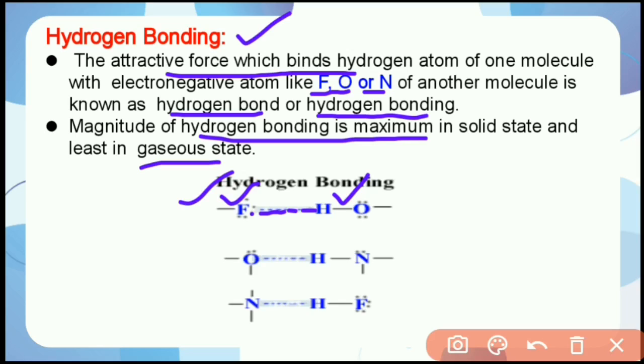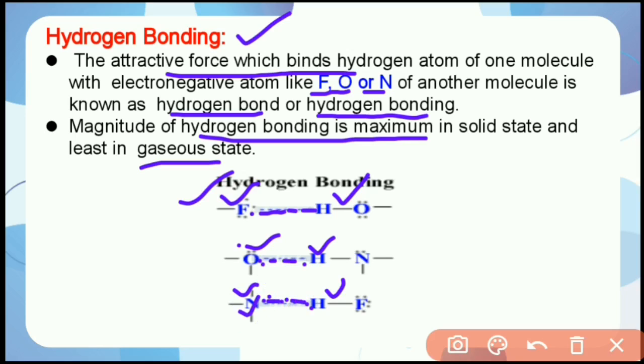Similarly, in ammonia and HF molecules, hydrogen forms hydrogen bonding, shown by the dotted line. Here nitrogen is the more electronegative atom.